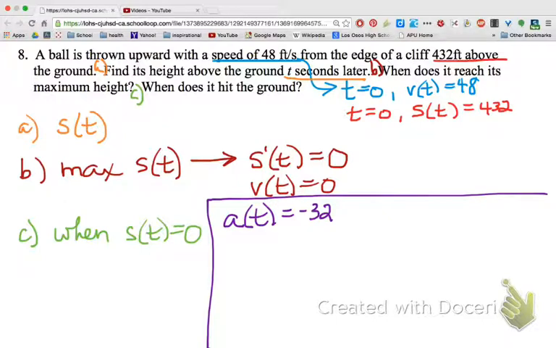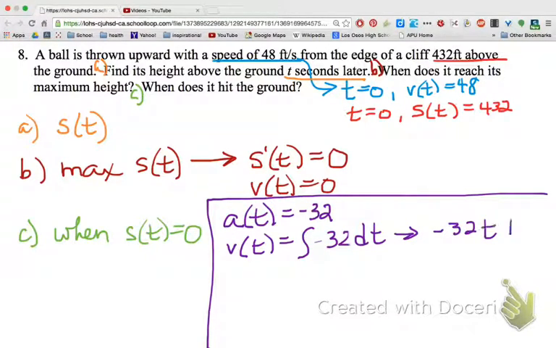So of course if I take the antiderivative of that, I'll get velocity, which is negative 32t plus c.